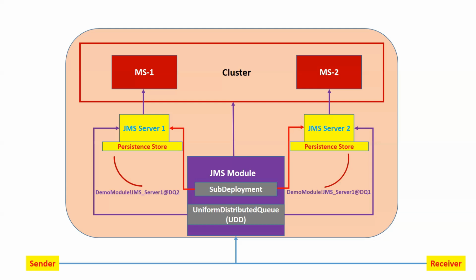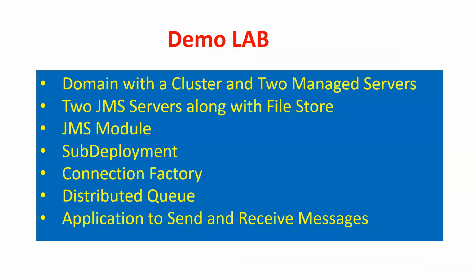But with a uniform distributed queue, for high availability we can target it to our cluster, that means to multiple JMS servers. Similarly, if you need topic functionality, you will have a uniform distributed topic. We are going to cover the uniform distributed queue, and the process for the uniform distributed topic would be the same.